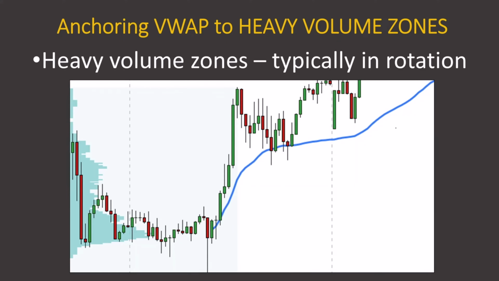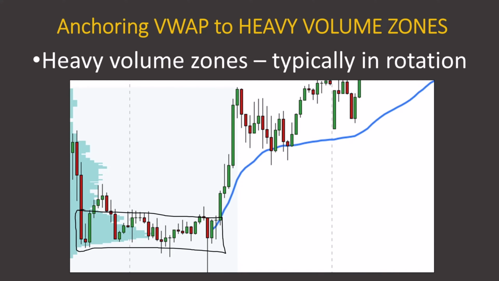Now, how to go about this? If you look at the picture, it shows a rotation in here where heavy volumes were traded. And usually it is like this. When you have a rotation, usually heavy volumes are traded in a rotation.